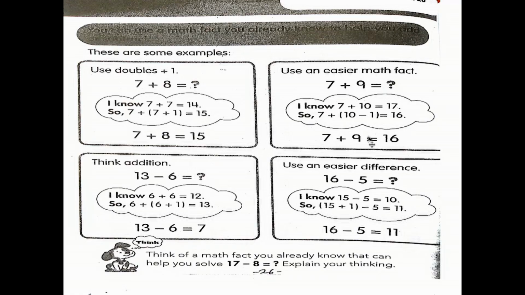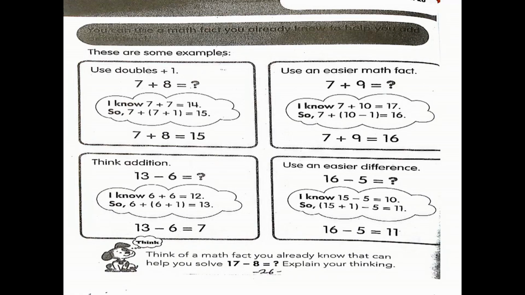The same as the answer for 7 plus 9. You can exercise in this way. Okay, this is another way of adding and subtracting. You can practice it when you are at home.